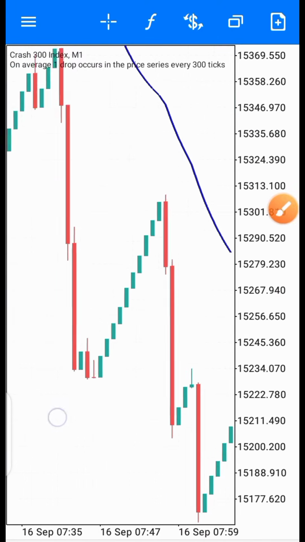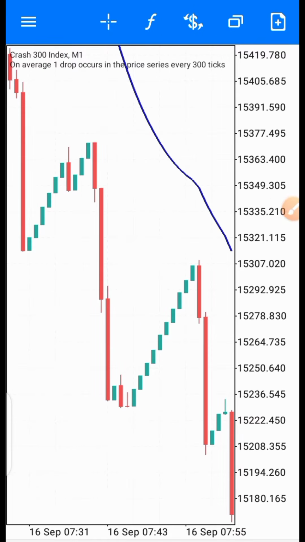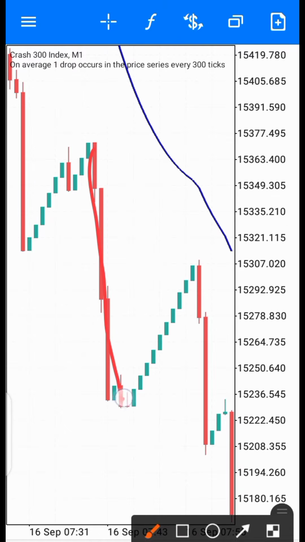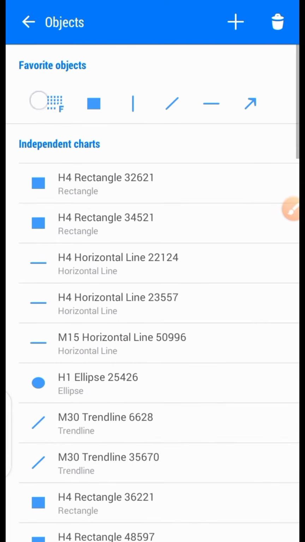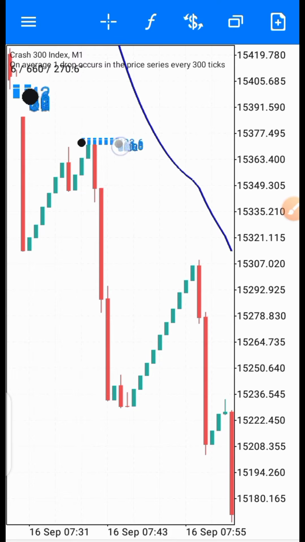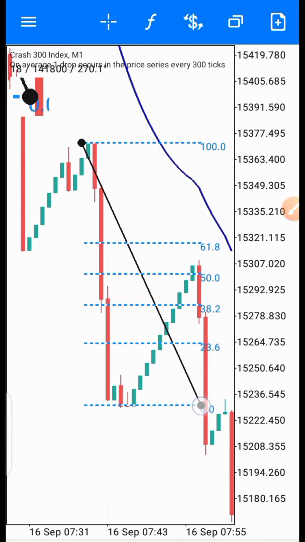So now let me look at one market. You can see that this is the impulse move of this spike, and this retracement begins here and ends here. So let me bring out my Fibonacci tools here. So now this is where the impulse move begins, and this is where the retracement ends.